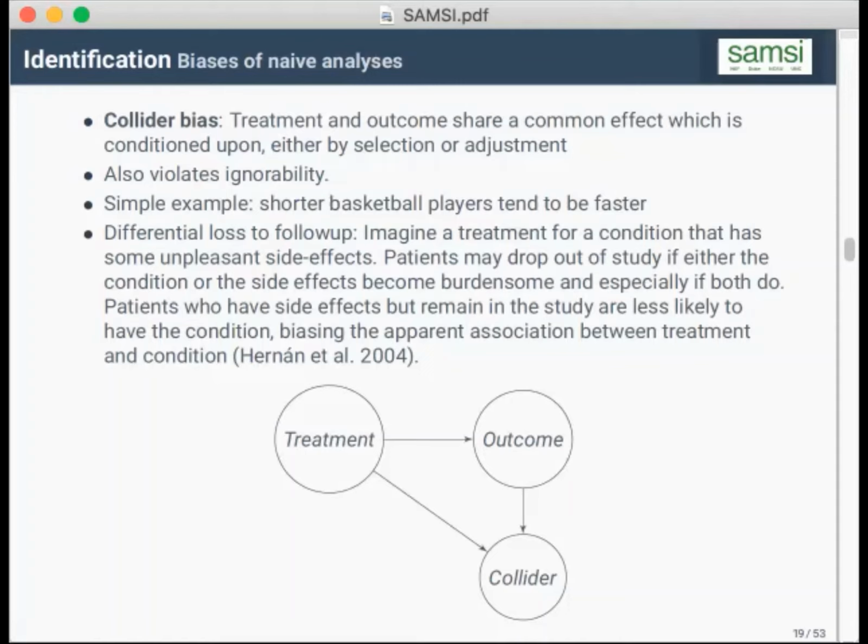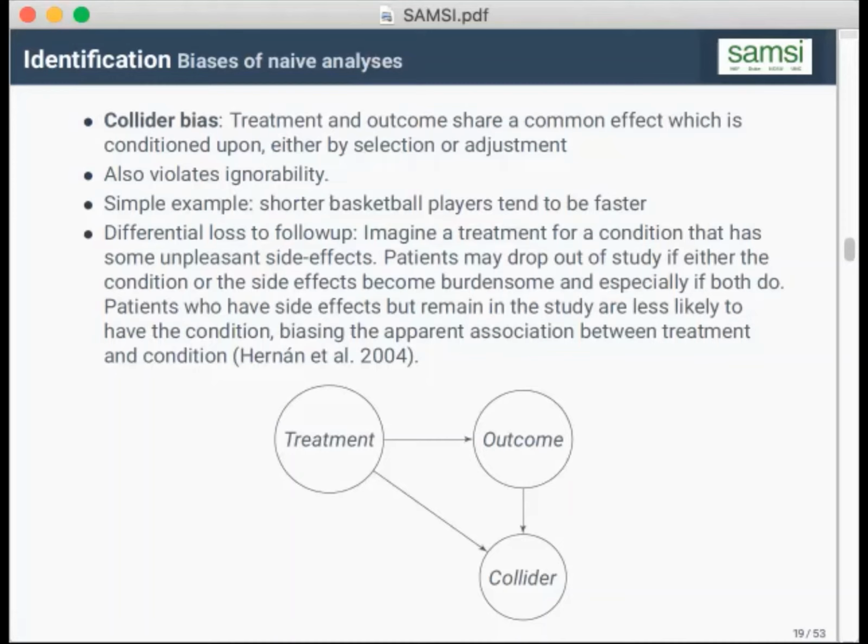So it appears, if you look at just the group of people who are elite basketball players, as though height and speed are more closely related than in fact they are in the general population, because as soon as you find an elite basketball player who's shorter than average, you know that you have really good reason to think that they're probably very fast.